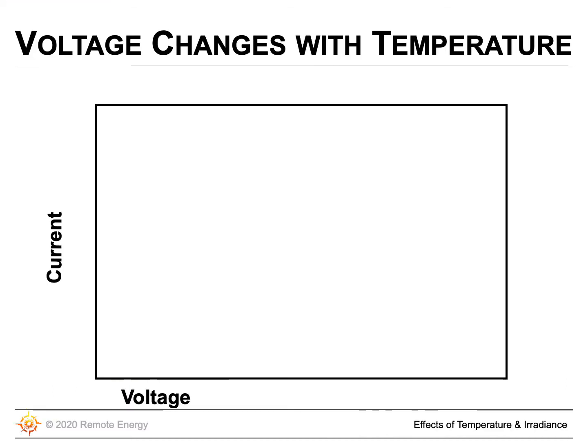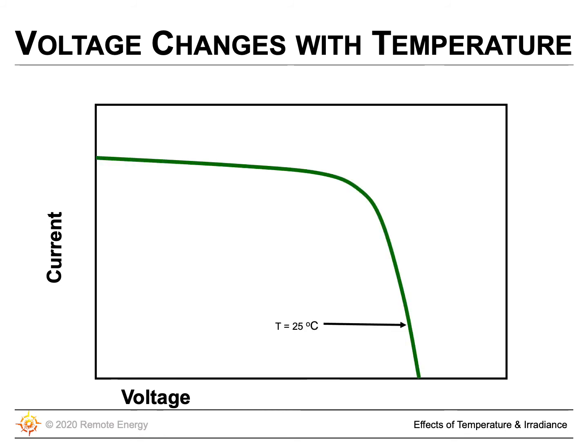Next, we are going to look at an IV curve and notice what happens to the voltage and how it changes with changing temperature. So here we have an IV curve. We don't have any of the values associated to it, but this is what it looks like. So remember that the current is going up the vertical axis and the voltage is on the horizontal axis.